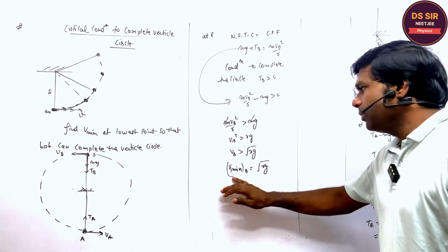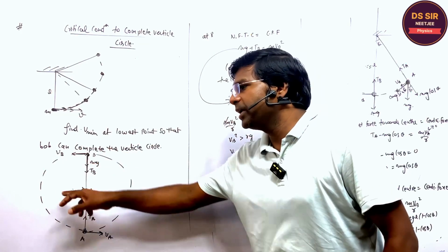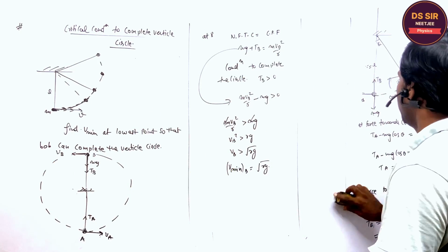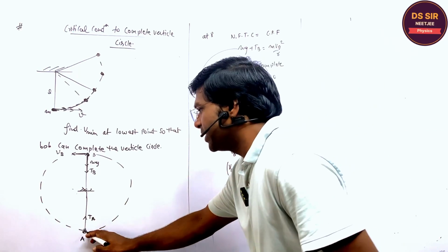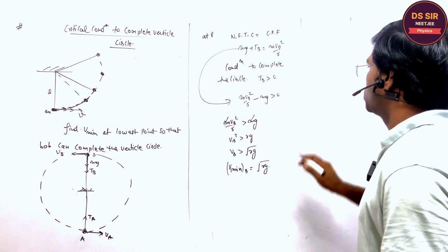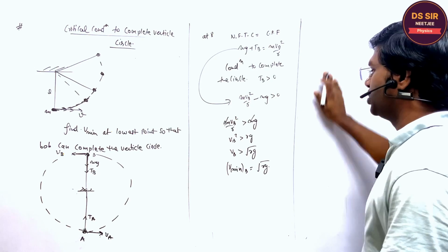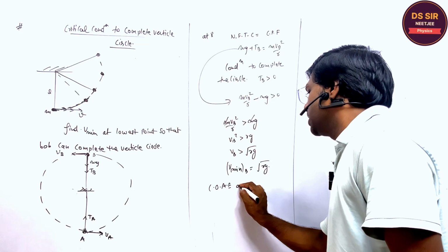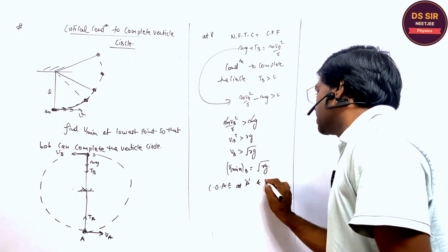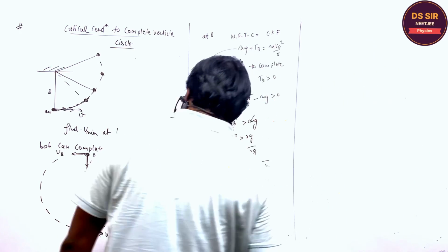So the minimum speed required to complete the circle at the highest point we have found. Now by conservation of energy, we have to find the speed Va at the lowest point. So we can apply the conservation of mechanical energy at A and B. Is it clear or not? How to apply?